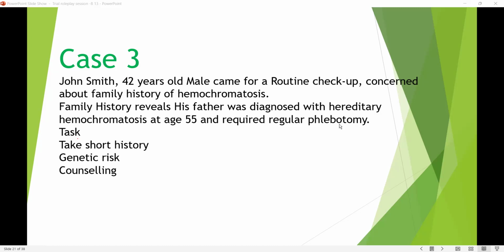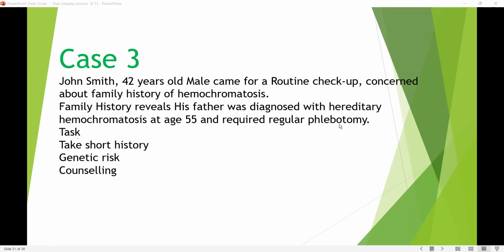When you notice your task is counseling, that means you have to explain everything, like investigation and management. For investigation, the genetic test is the confirmative diagnosis. But your patient is coming for a routine checkup because his father has hemochromatosis.